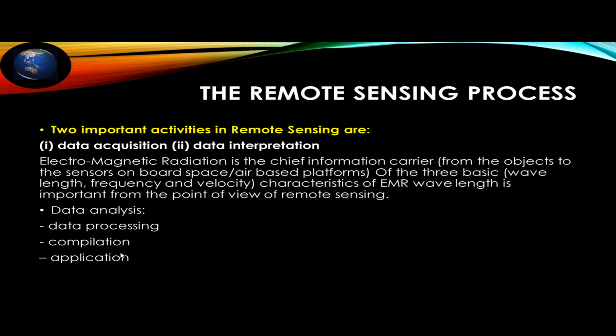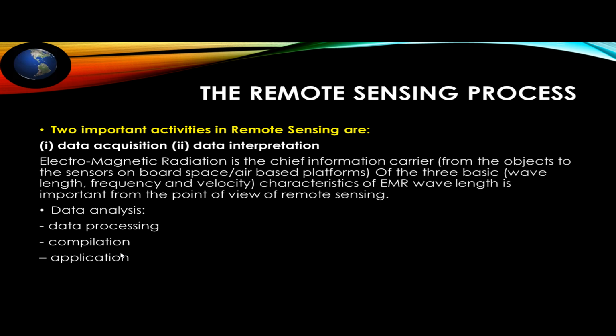Then EMR wavelength is important from the point of view of remote sensing. That's why we are more focused on the wavelength of each feature. I will tell you when I show you the spectral signature of vegetation, bare soil, and water body. So they behave in different manners.